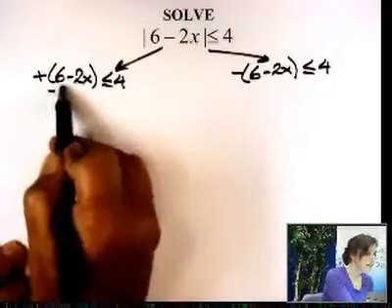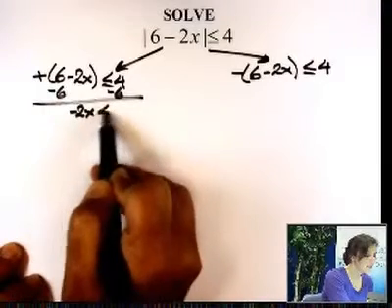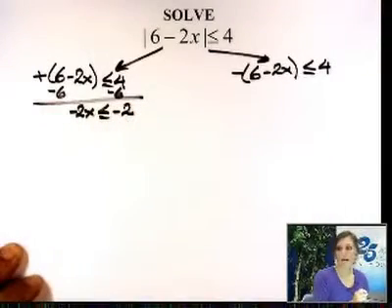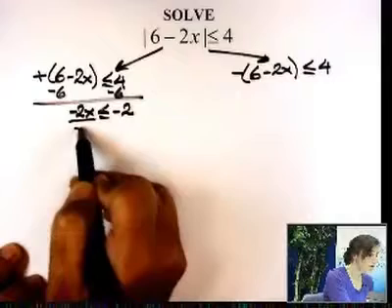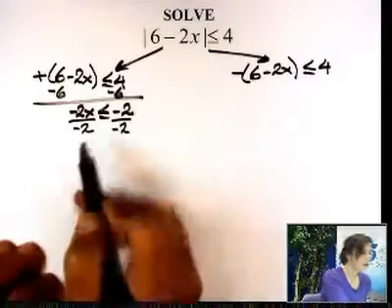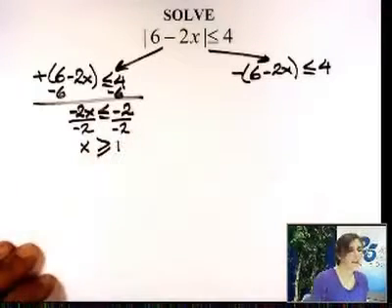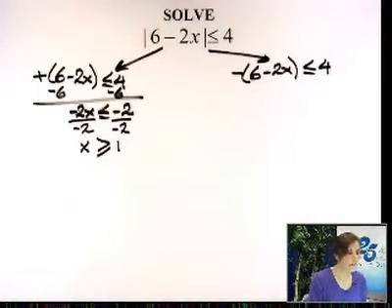Now, let's subtract 6. Negative 2x. Negative 2. Divide by negative 2. Uh-oh. Remember, I'm dividing by negative numbers, so that means it has to change direction. X is greater or equal to 1.